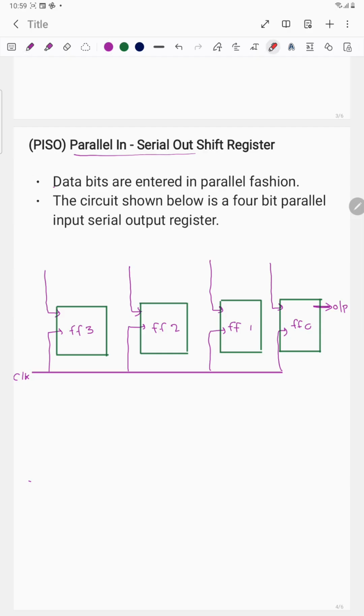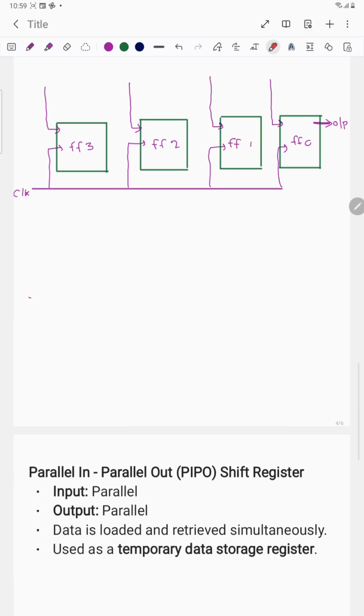This is the simplest block diagram. The data bits are entered in parallel fashion. The circuit shown below is the 4-bit parallel input serial output register.